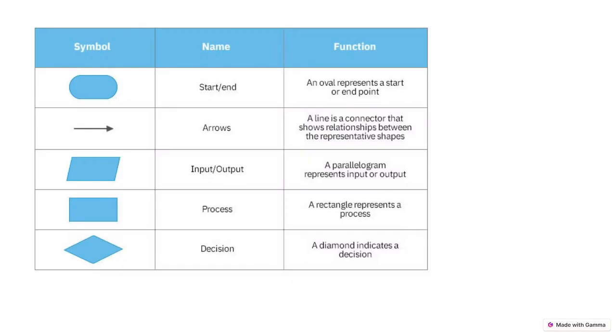An oval represents a start or end point. Arrows show the line and relationship between the representative shapes. A parallelogram represents input or output. A rectangle represents the process, and a diamond indicates a decision.